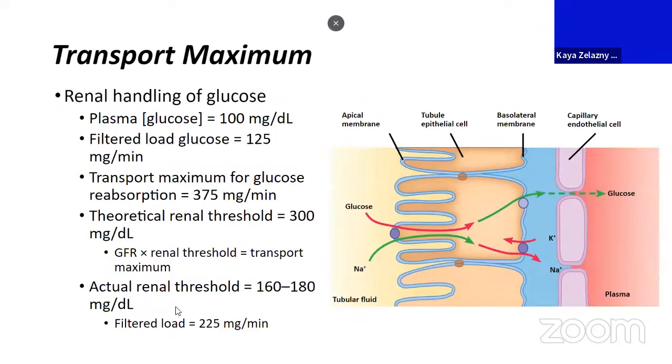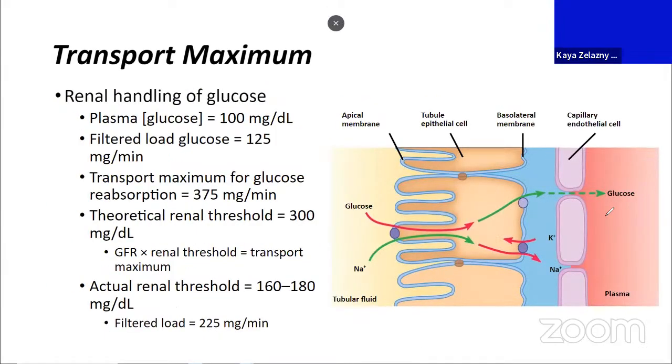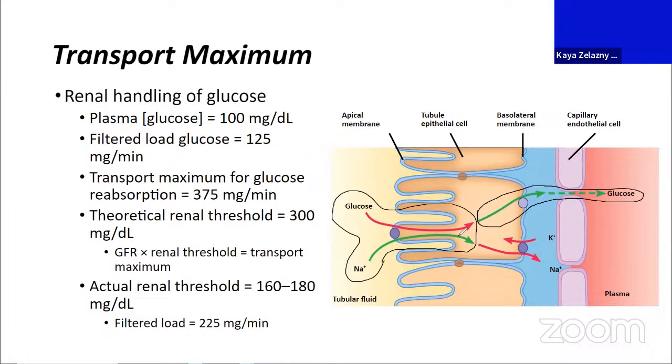Here we can see that drawn out again. Now we're looking at some numbers as well. Here we see that apical membrane with that secondary active transporter for our glucose, and we can see it's using that sodium gradient. Here we see that facilitated diffusion of glucose, and then glucose is just squeezing into the capillary on the other side.